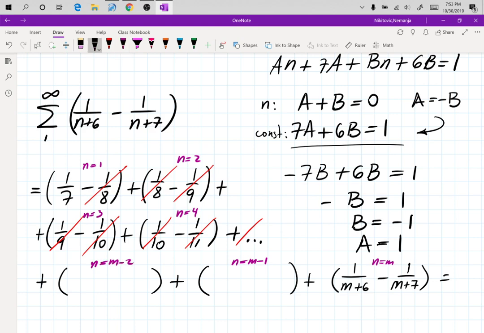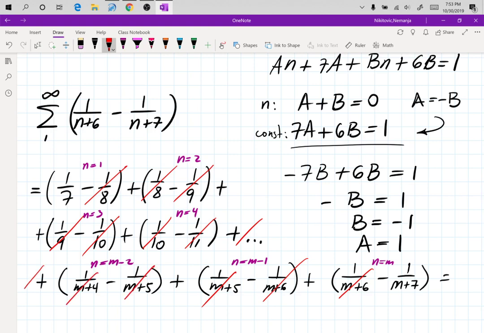So when it's m minus 1, that's going to be 1 over m plus 5 minus 1 over m plus 6, and then 1 over m plus 4 minus 1 over m plus 5. So now the cancellations: we have m plus 6, m plus 6, m plus 5, m plus 5.